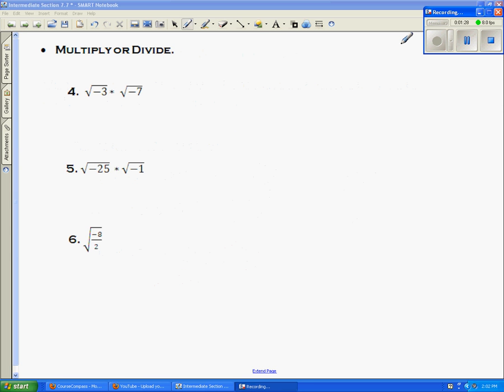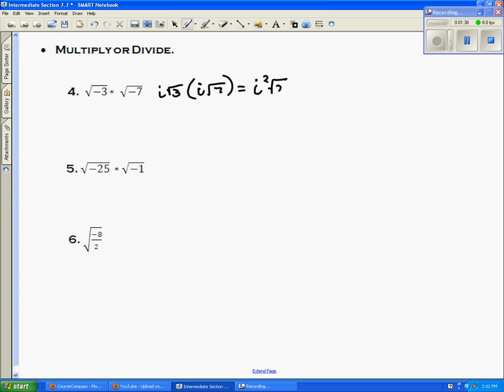Next, we're multiplying. That becomes square root of 3 i times square root of 7 i, which gives us i squared times the square root of 3 times 7, which is 21. i squared is -1 times the square root of 21, so this is negative square root of 21.